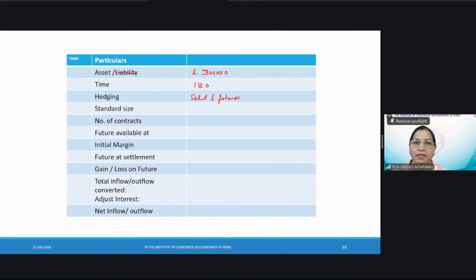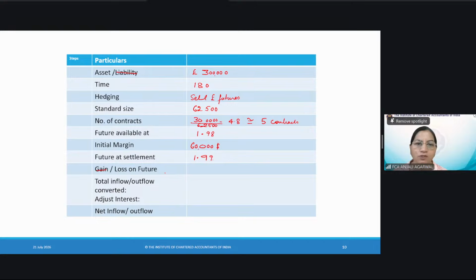Contract size will come out to be again 3 lakh divided by 62,500. You will have the same figure of 4.8, which you will round off to approximately 5 contracts. And futures are available at $1.98. Initial margin was 12,000 per contract, so $60,000. Futures are settling at 1.99.